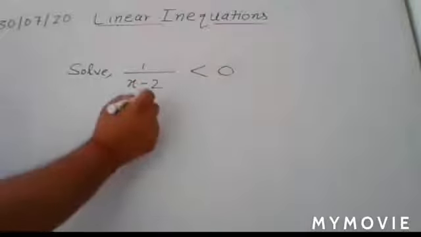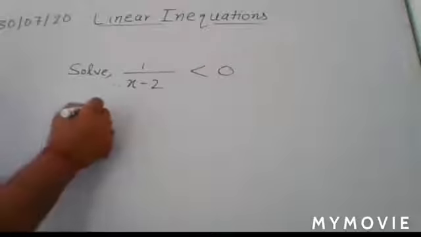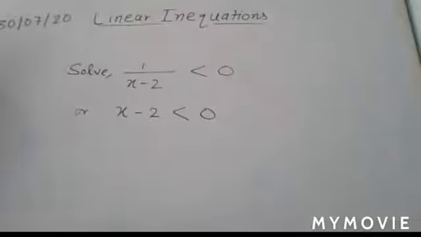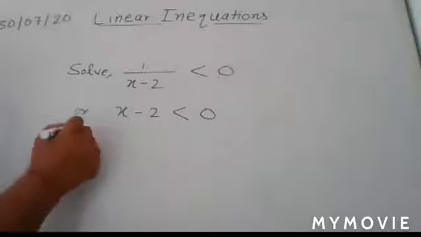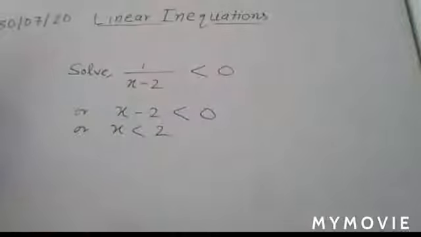Understand? So if 1 upon x minus 2 is less than 0, you can say that x minus 2 is also less than 0, or x is less than 2.